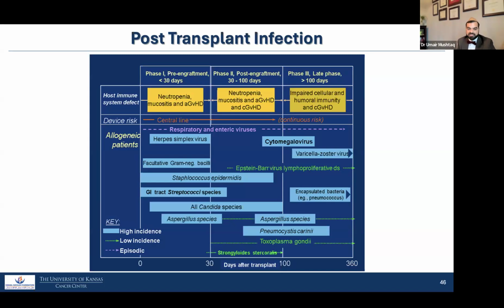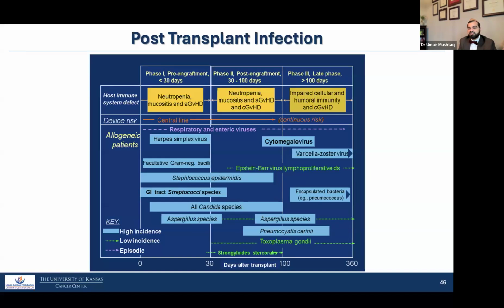So the guidelines will need to be tailored to local approaches. But the phase 1 is pre-engraftment. When they don't have a mucosal barrier, they're severely neutropenic. And the risk is respiratory viral infections, bacterial infections, sepsis, gram-negative sepsis. So the antibiotic coverage and prophylaxis needs to be tailored to that.